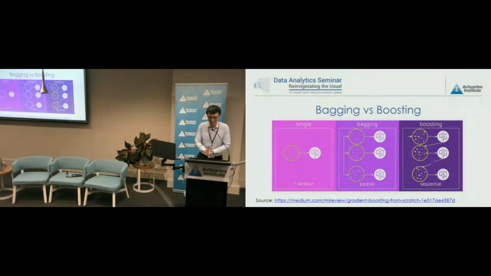We should all be familiar with a decision tree. Say for example, you want to work out who's a more risky driver. The first question you might ask is, are you over 25 or not? And then next, if you're over 25, then say what's the weather like? Some kind of decision tree. We should all be familiar with that.